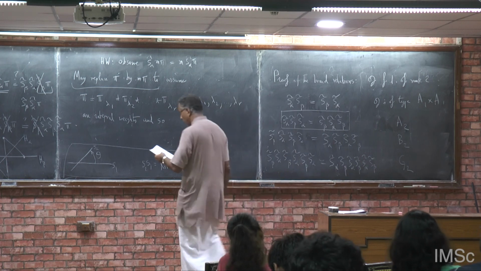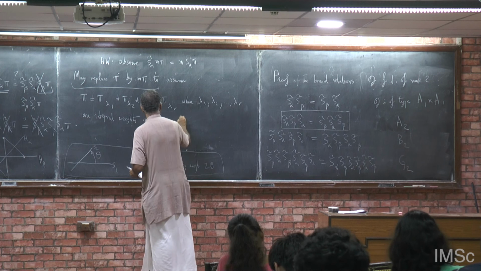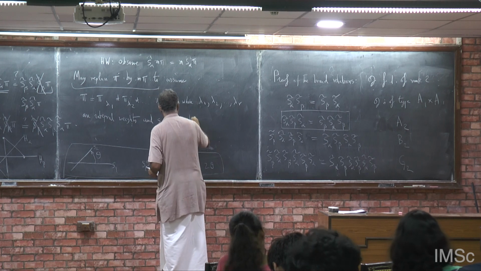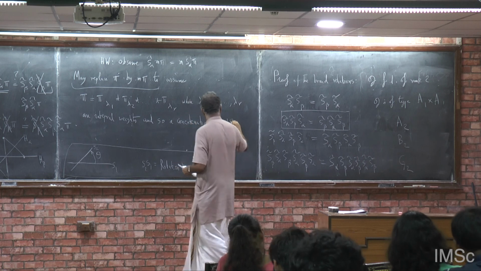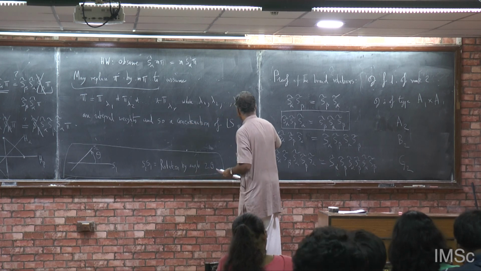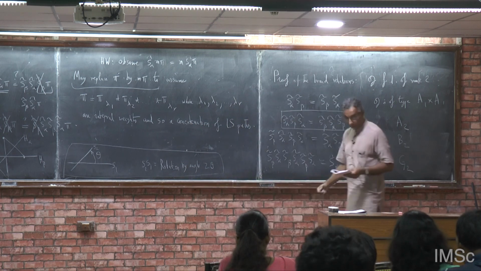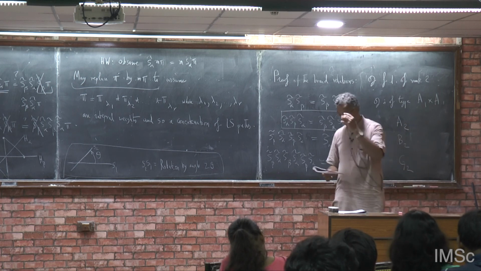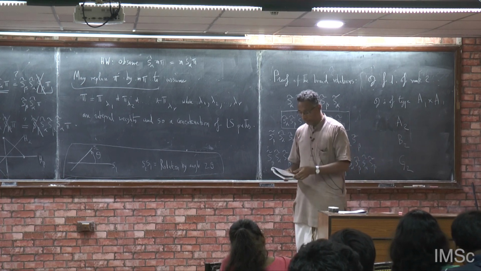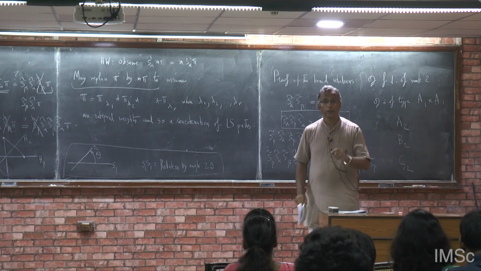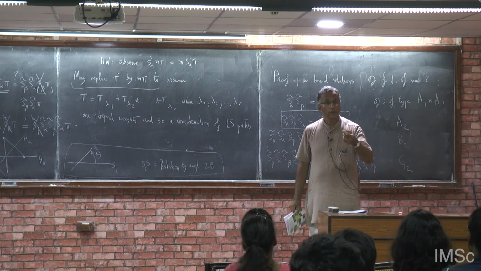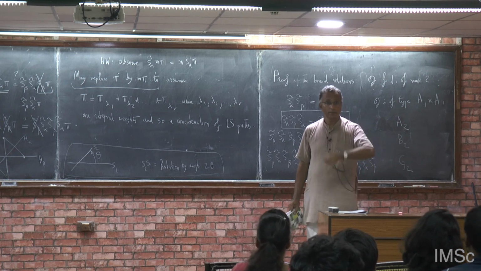And so a concatenation of LS paths. And a property of LS paths, remember, is that the minimum is an integer, right?